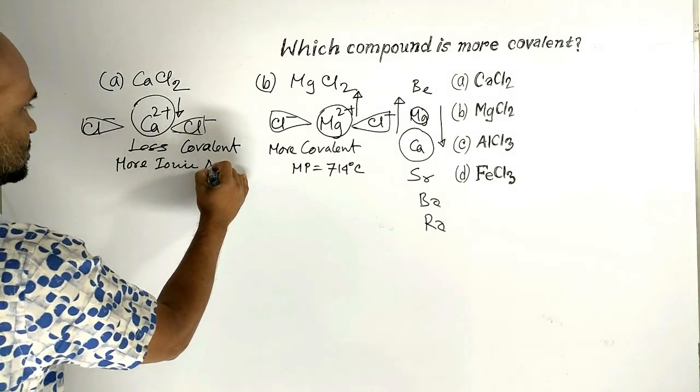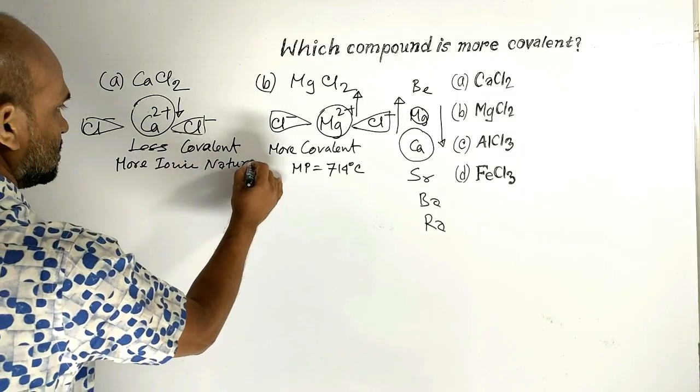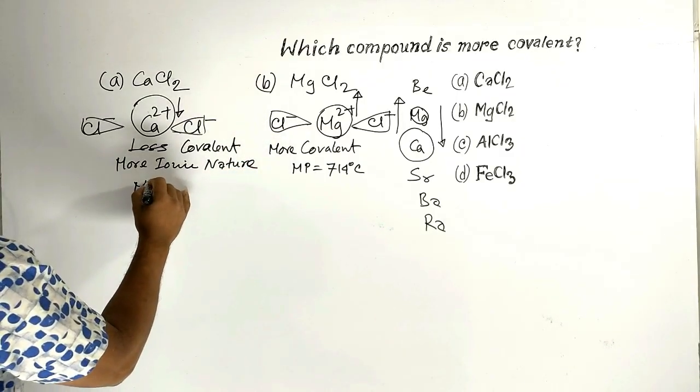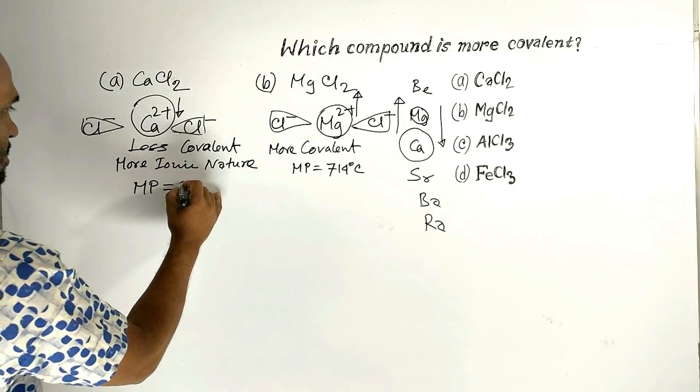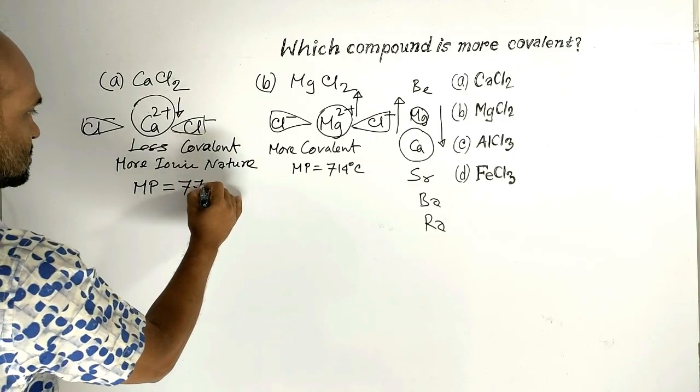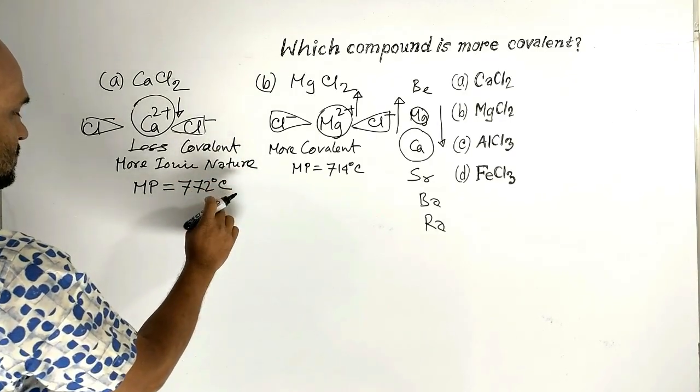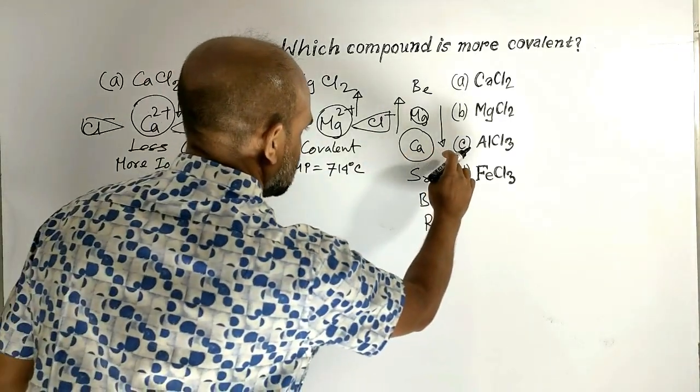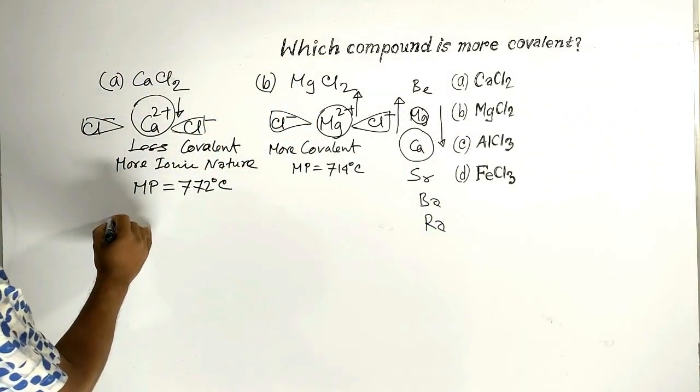More ionic nature, and that is why its melting point is higher, 772 degrees Celsius.